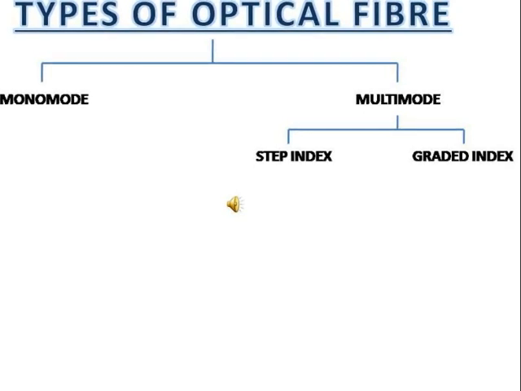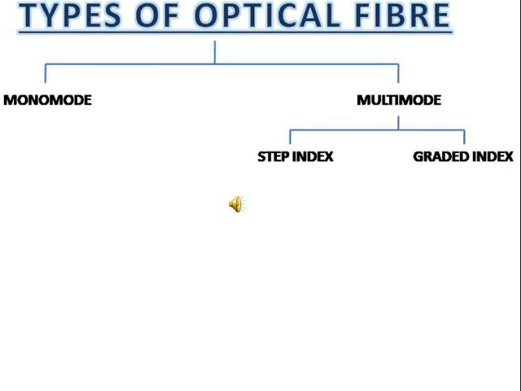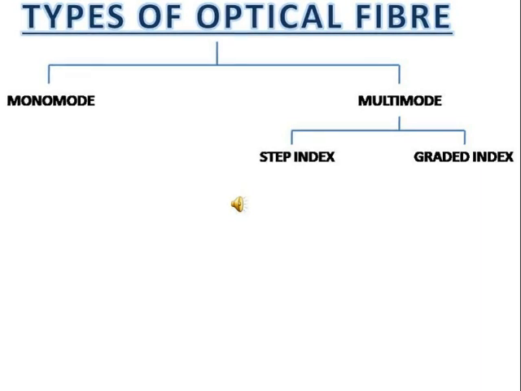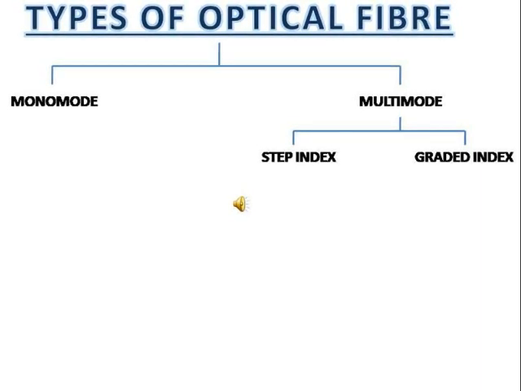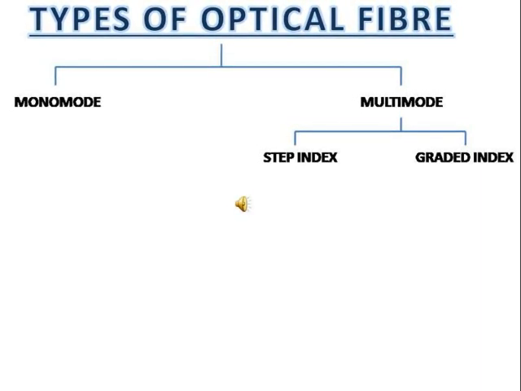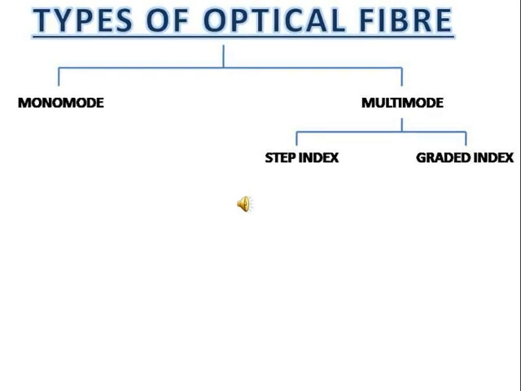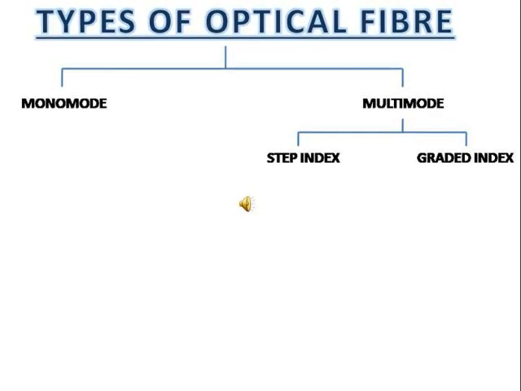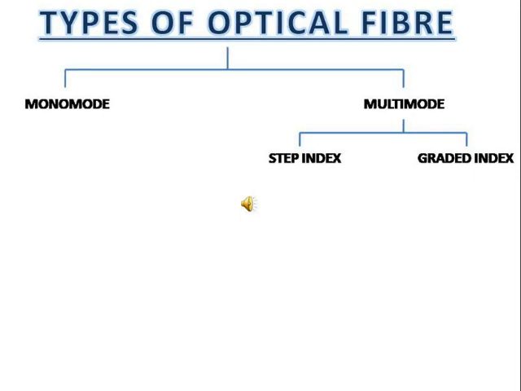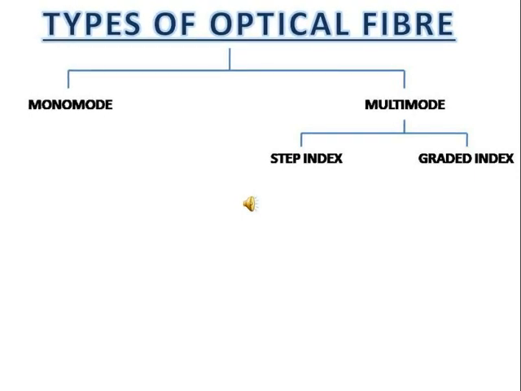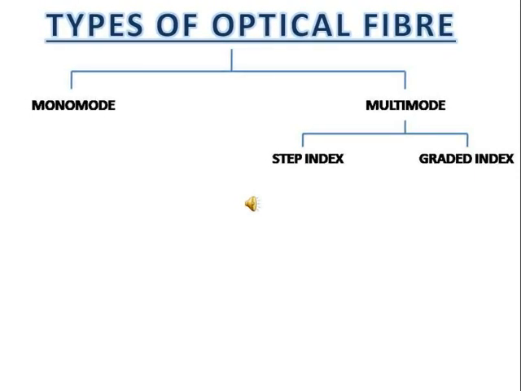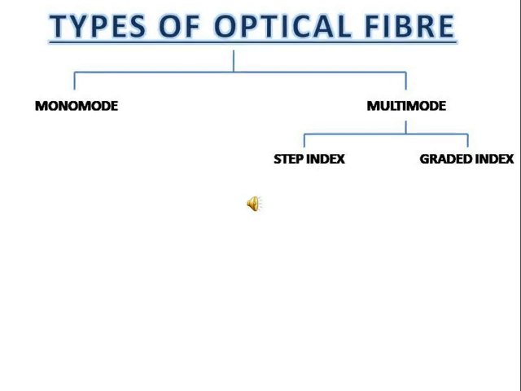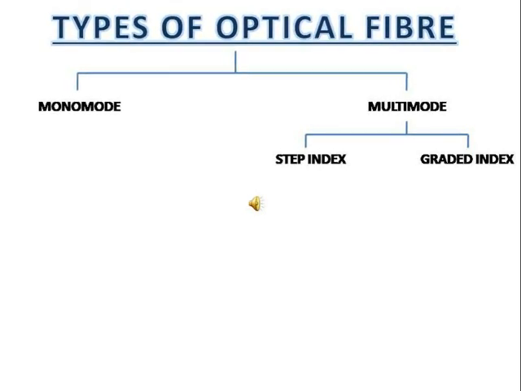If this lesser quantity is in the form of a step, then it is named step index optical fiber. And if the fiber refractive index is greater than that of the cladding, and there is a grading in the refractive index of core and cladding, then it is named graded index optical fiber.